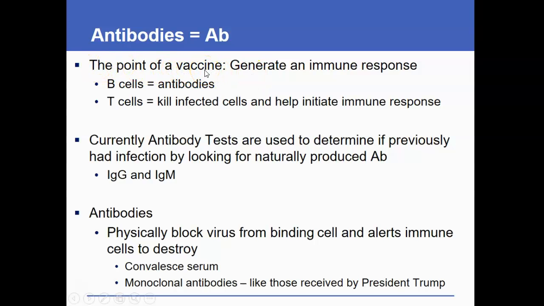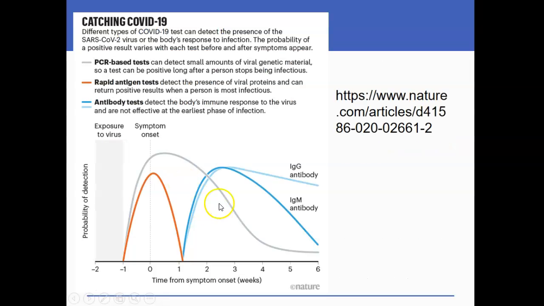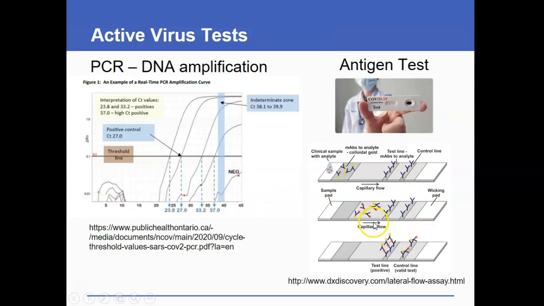And again, this isn't 205, where you'll learn all about the immune cells, so we'll just keep it at the most simple, that we have two different big parts of our adaptive immune response, where we've got B cells that make antibodies, and we've got these T cells, which go and actually remove and kill the infected cells, and there's different types that also help initiate the immune response. But we are currently also doing antibody tests to see if people have these antibodies present in their bodies. So the test is sort of similar to here.